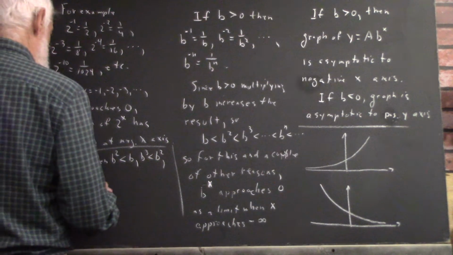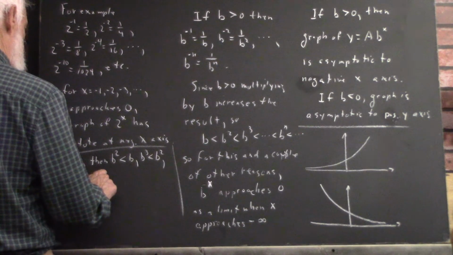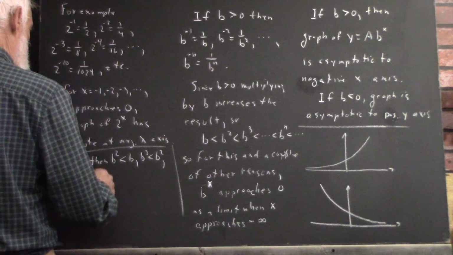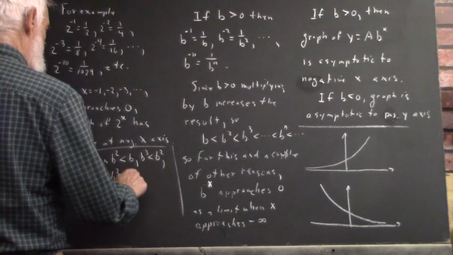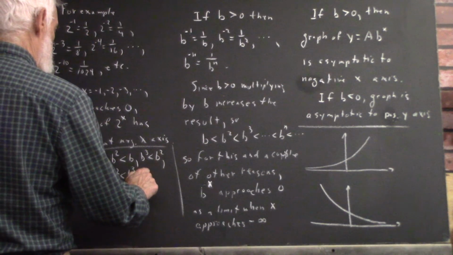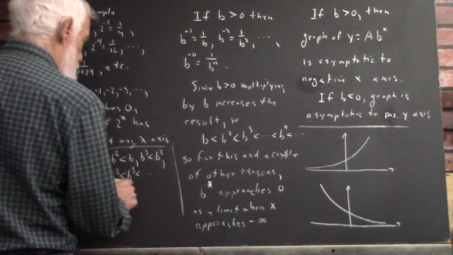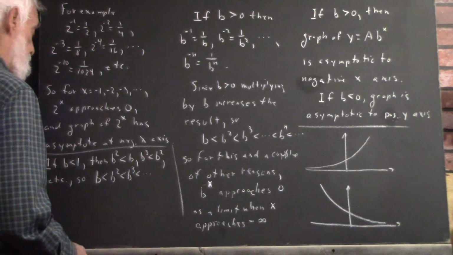So we have this sequence of b values, each less than the other one.